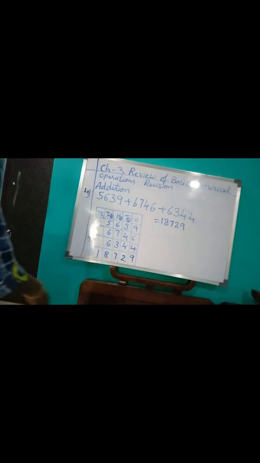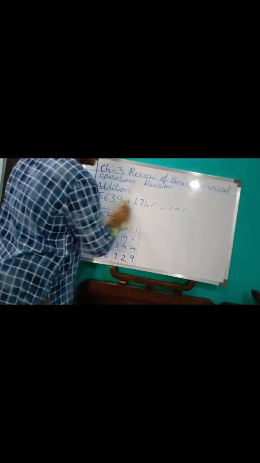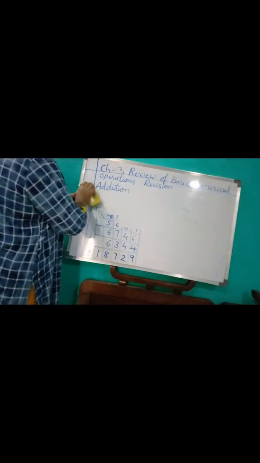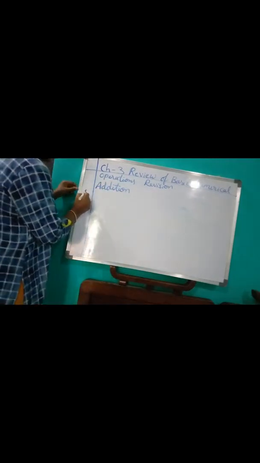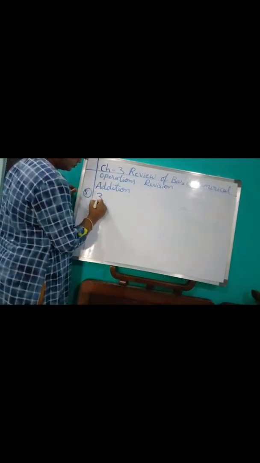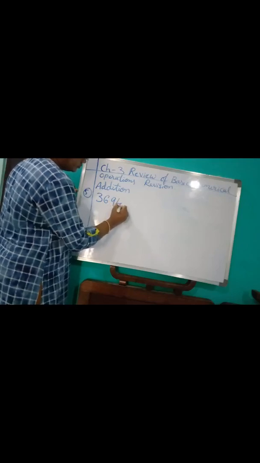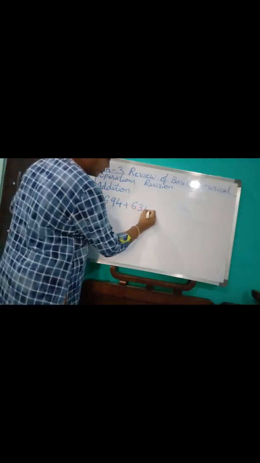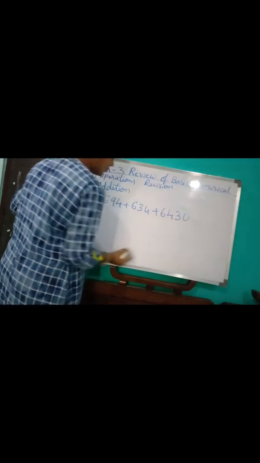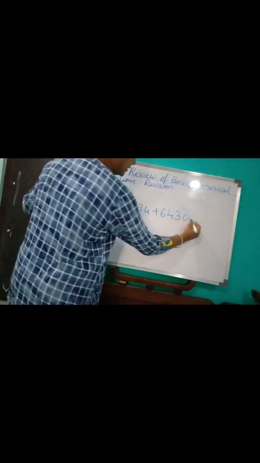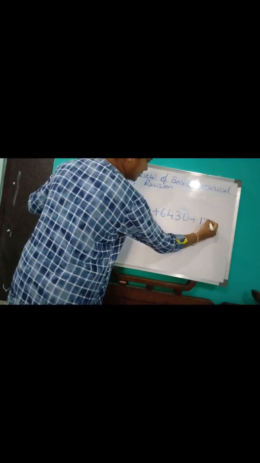One more sum, children. See, you should arrange in the place value chart.